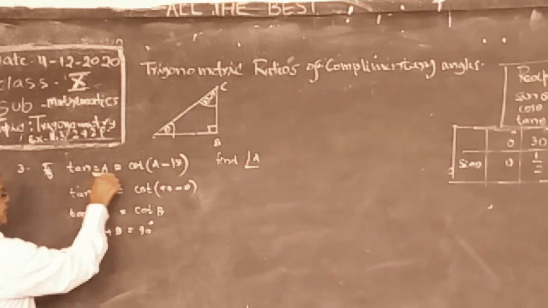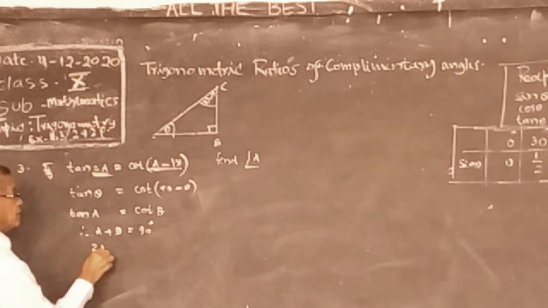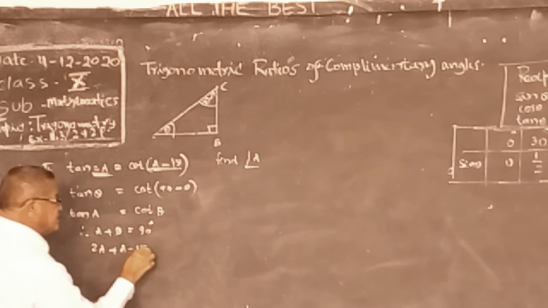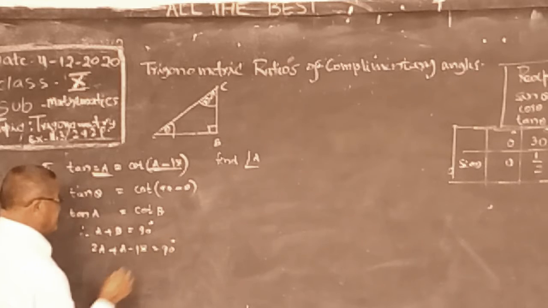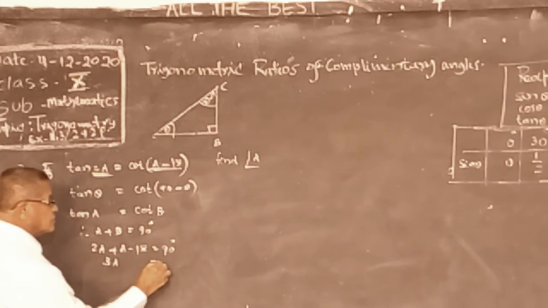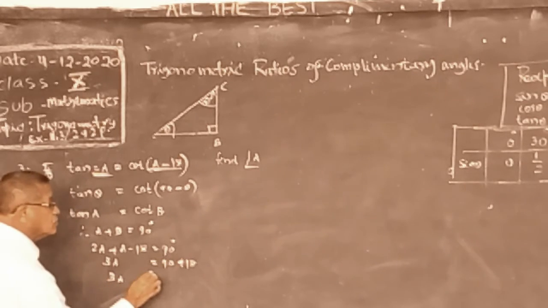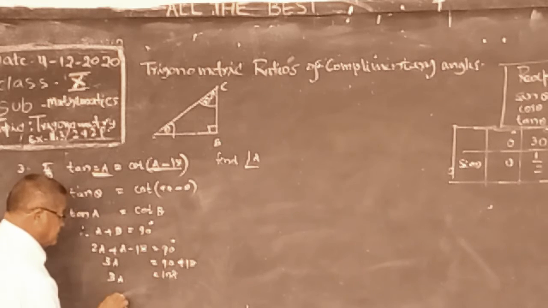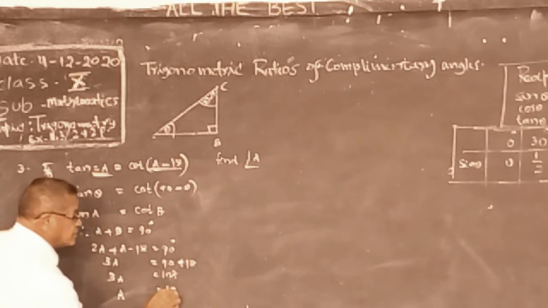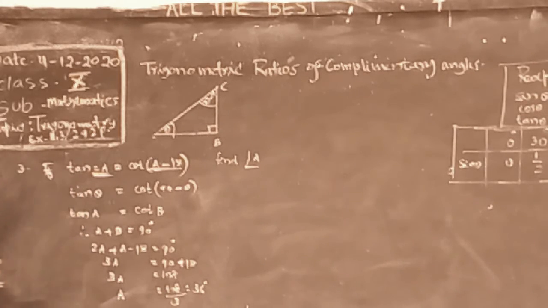So in place of A, 2A, in place of B, A minus 18. 2A plus A minus 18 is equal to 90. 2A plus A, 3A is equal to 90 plus 18. 3A is equal to 108. A is equal to 108 by 3, and A is equal to 36 degrees.